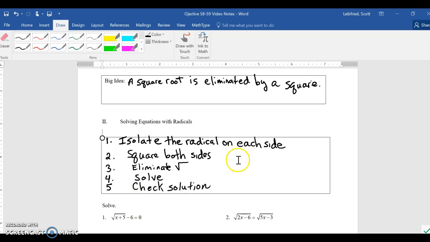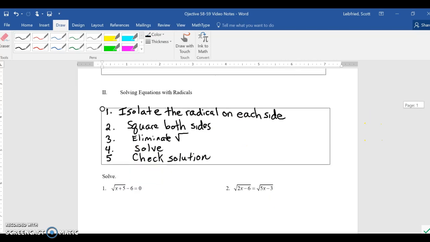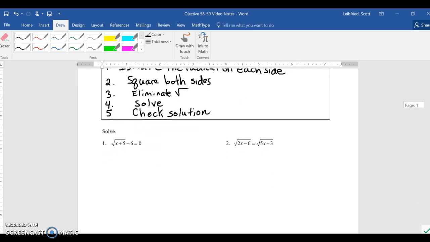So let's go ahead and try this in problem number 1. It says the square root of x plus 5 minus 6 equals 0. Following step 1, isolate the radical. We have to add 6 because we don't want that with the radical. So we have square root of x plus 5 equals 6.